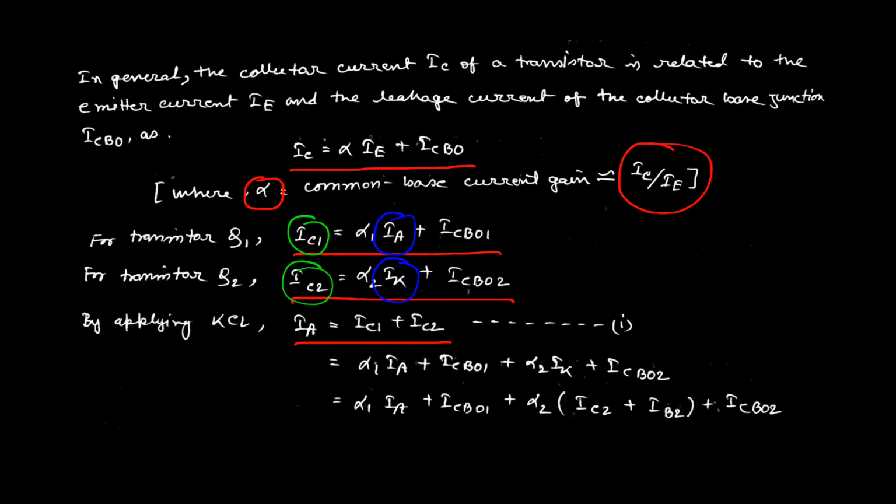That means IC1 is alpha 1 IA plus ICBO1 and IC2 is alpha 2 IK plus ICBO2. So after simplification, we get IA equal to alpha 1 IA plus ICBO1 plus alpha 2 into (IG plus IA) plus ICBO2.